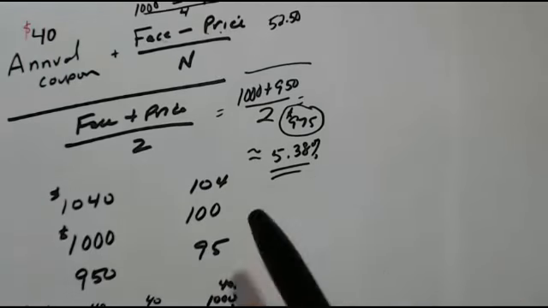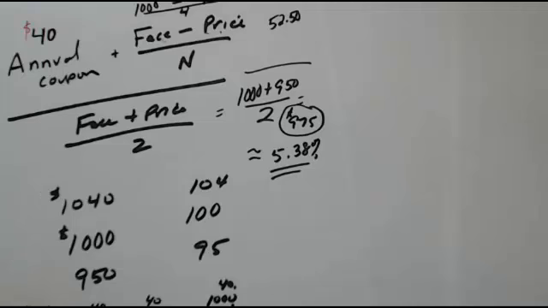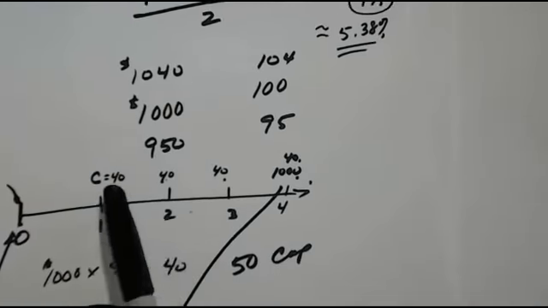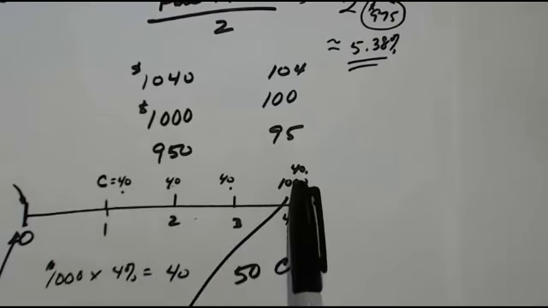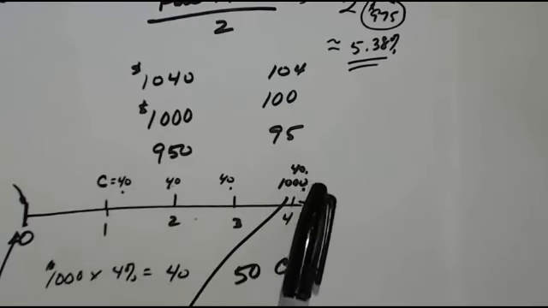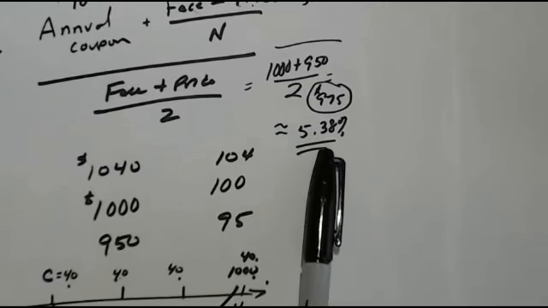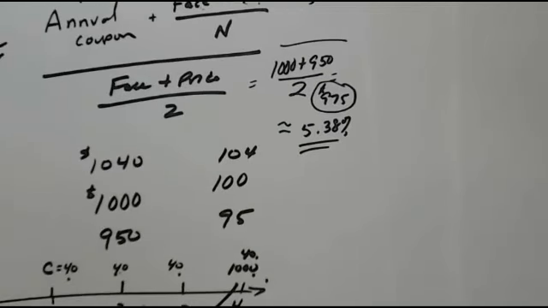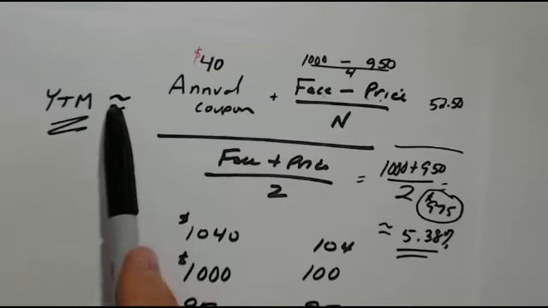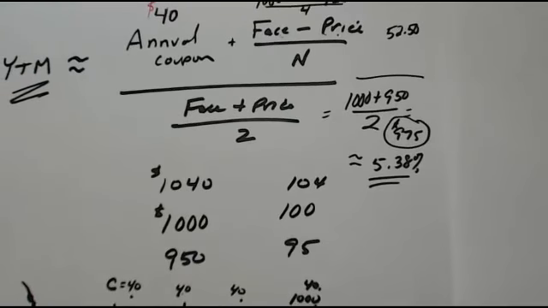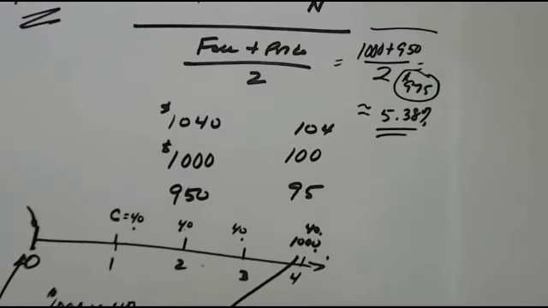So if you were to discount these $40 cash flows, plus the $1,000, if you were to take the present value based on this 5.38% discount rate, you would come pretty close to $950. I'd say pretty close. Remember, this is an approximation, an approximate formula that'll do that.